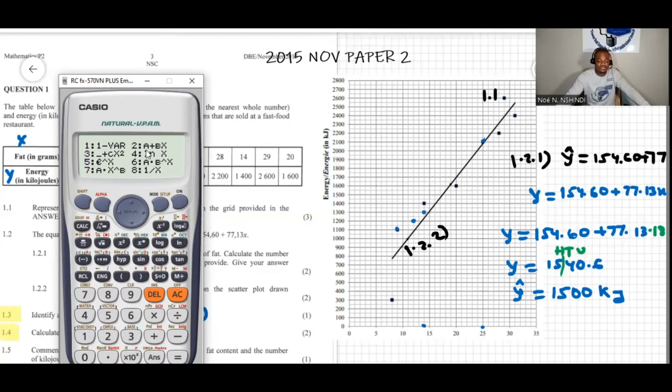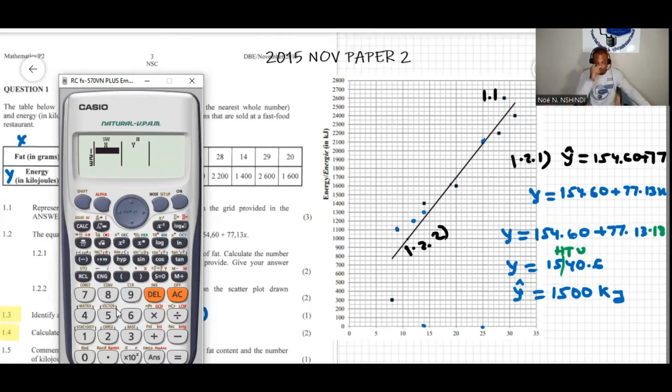The correlation coefficient comes from the line of best fit, so number 2, because the line is given by y equals a plus bx. I'm going to press 2 in my calculator, and then I can enter the data for x and for y.